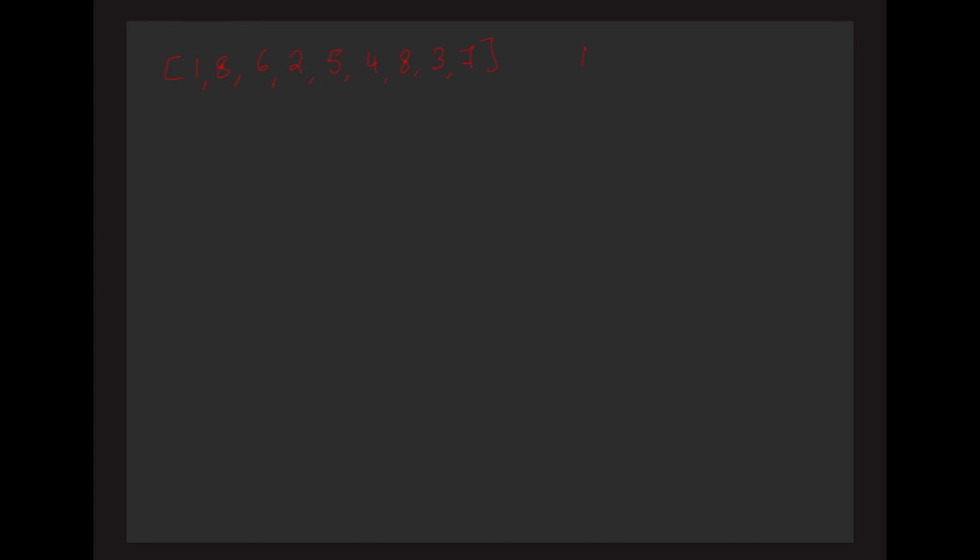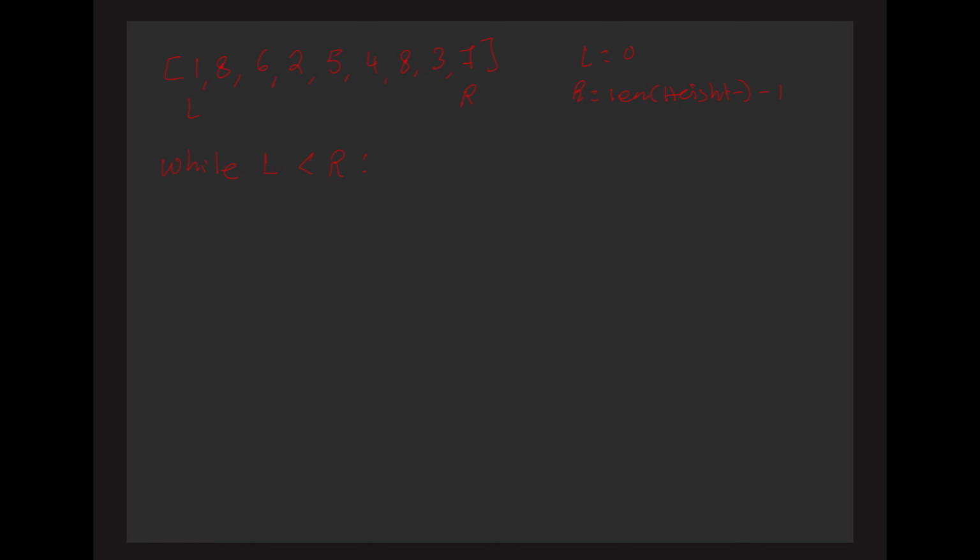Again, we have the left pointer and the right pointer starting at 0 and the length of height minus 1, so right here and right there. Right before we do anything, we need to check: while the left pointer is smaller than the right pointer, we carry on.